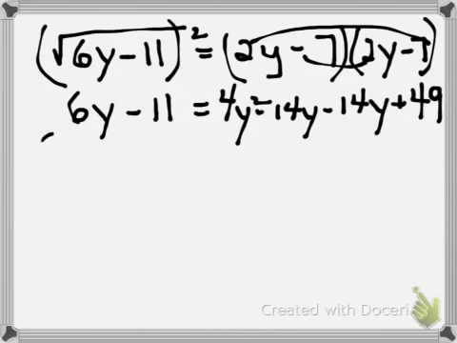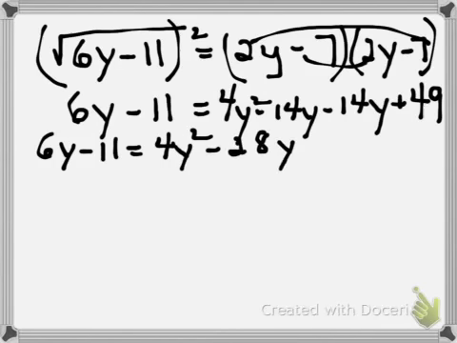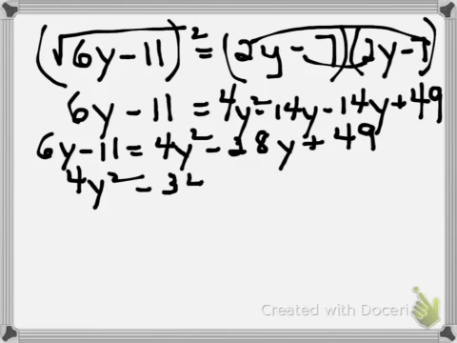So I have 6y minus 11. I'm going to simplify first. 4y squared minus 28y plus 49. I'm going to get this equal to 0. So I have 4y squared. Subtract 6y from both sides, which gives you negative 34y. Add 11 to each side.